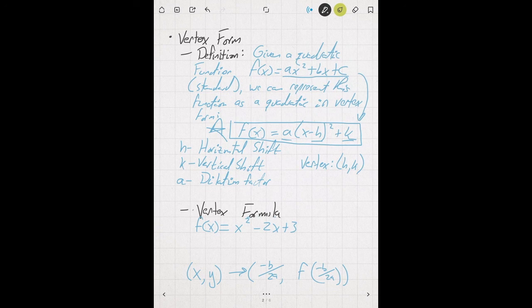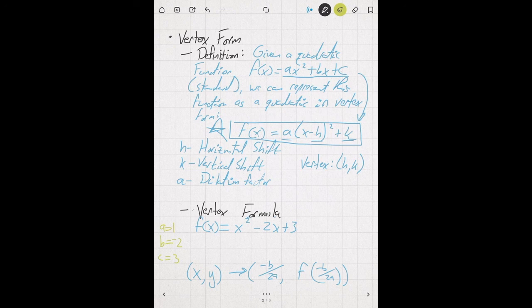Well, to find the x value, I need to take negative b and divide it by 2 times the a value. A here is 1. B here is negative 2. Notice I'm including the sign. And C here is 3. Not that we need it.